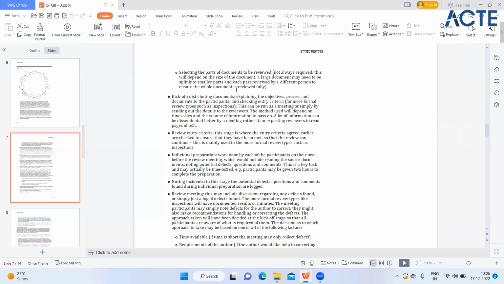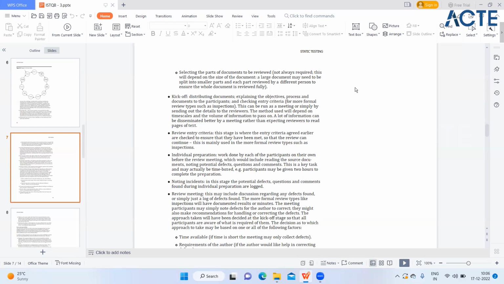So they are saying selecting the parts of documents to be reviewed is not always required. So maybe if the project is very large, then definitely you will have multiple documents, so you can divide the document into parts to review it.